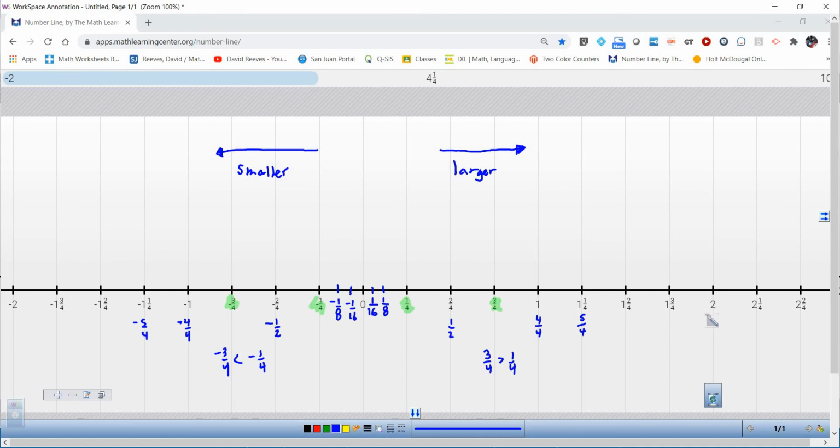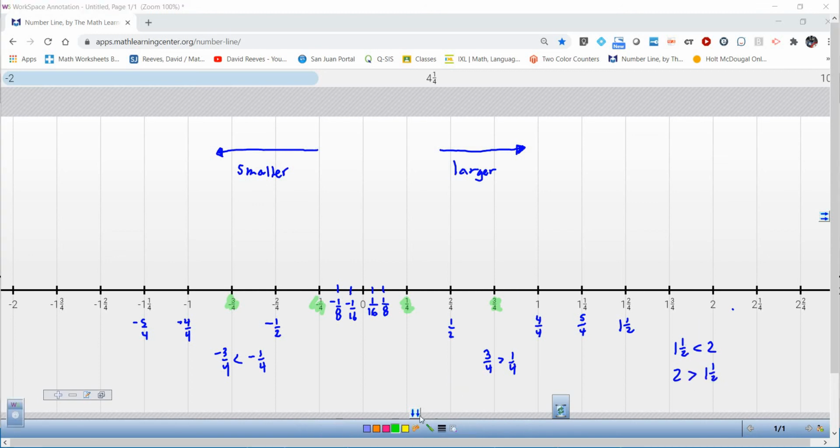If I asked you to compare 1 1/2 to 2, by the way, right here, 1 2/4 is the same as 1 1/2. Well, 1 1/2 is smaller than 2, or another way to say that would be 2 is greater than 1 1/2.